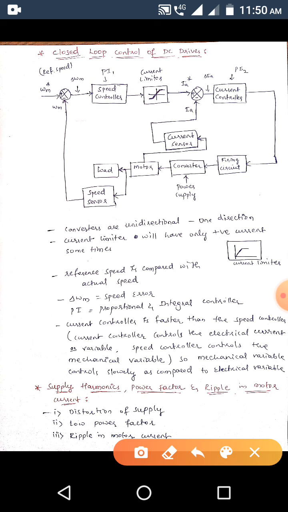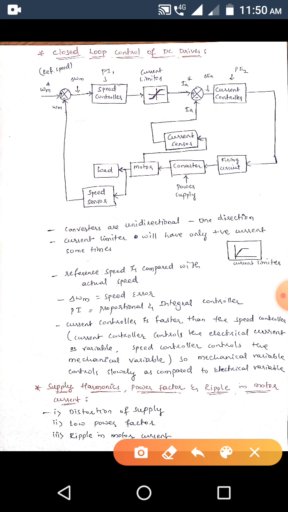When we give the supply to any drive, there will be some distortion or noise in the supply, because in a weak AC source with a high internal impedance, there will be some current distortion in the source voltage.